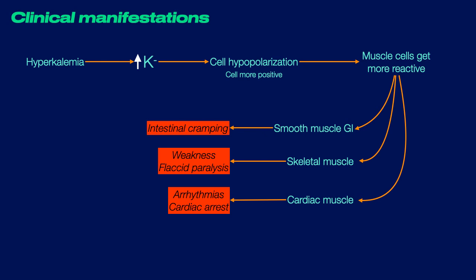Hyperkalemia, though, also will affect the cardiac muscle, and this is what is dangerous about it, which in this case can lead to cardiac arrhythmias and cardiac arrest, and death.